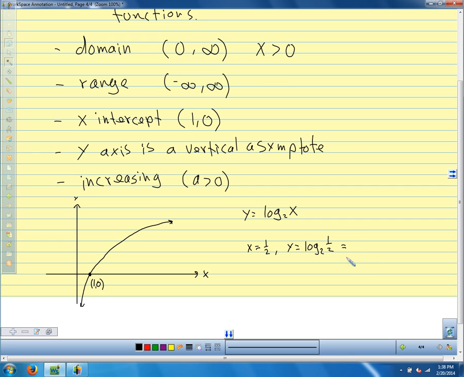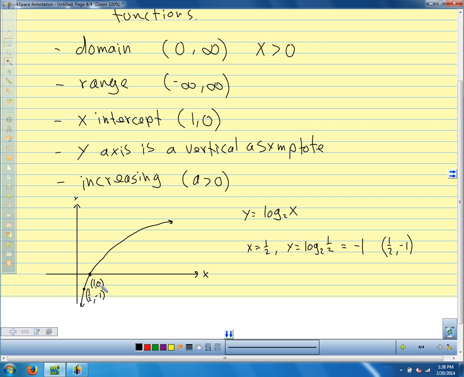What is the log base 2 of 1/2? -1. The power of 2 that gives me 1/2 is -1. So I get the point 1/2, -1. So here's 1/2, and I'm down here at -1. That would be a point on my graph.